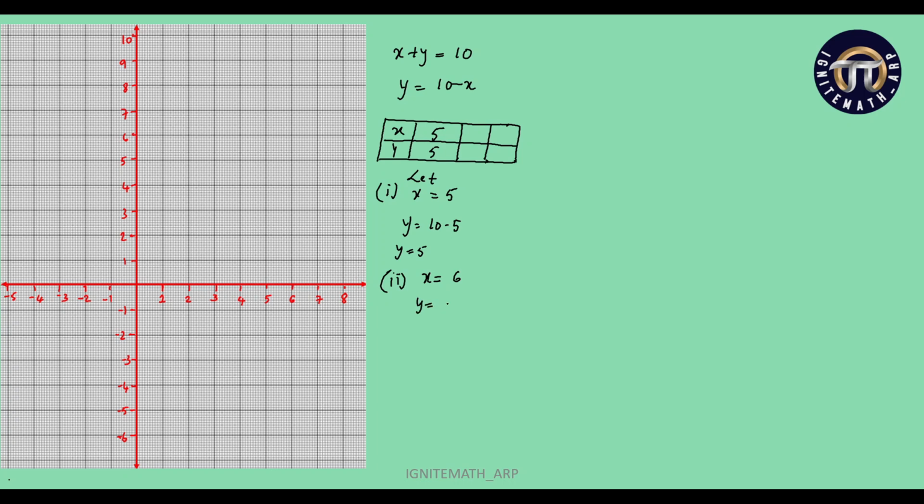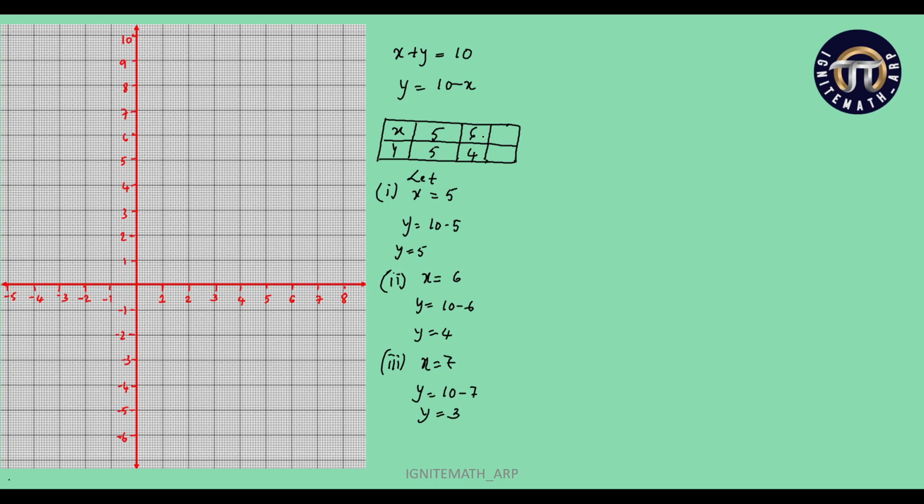So y is equal to 10 minus 6, y is equal to 4. Okay, so 6 and 4 I will get. And the third value is what? x is equal to, you can take one of the minus values also, or 0 also, or you can take 7 also. Okay, let me take it as 7. Okay, x is equal to 7, y is equal to 10 minus 7, y is equal to 3.